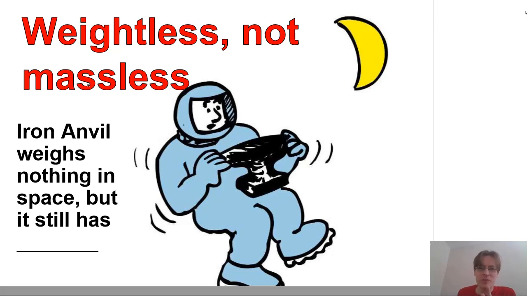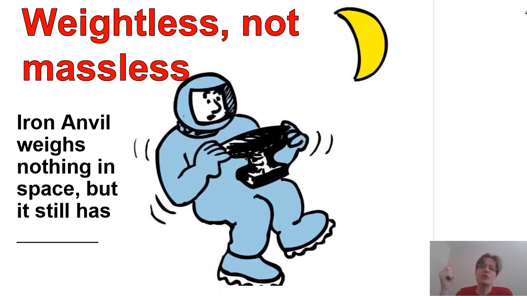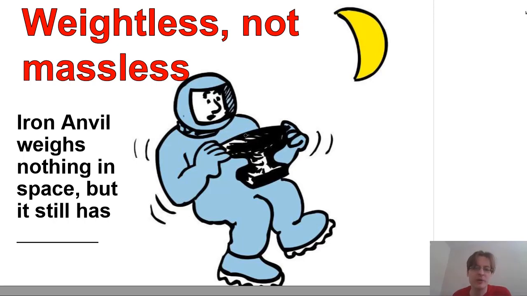They are not the same thing. I'll give some examples. One example is an anvil. You know what an anvil is? An anvil is a giant mass which metal workers, blacksmiths, use to hammer stuff on, right? The huge iron block, basically. It has a huge mass. In space, it weighs nothing. Does that mean it's massless now?